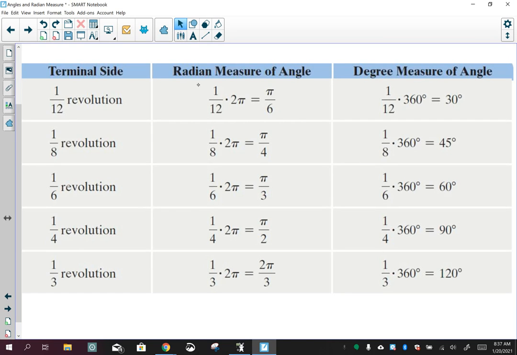Notice it has both the radian measure and the degree measure. Pay attention to that because you need to know both. You need to know that 30 degrees is the same thing as pi over 6. You need to know that 60 degrees is the same thing as pi over 3. These are things that you need to know.